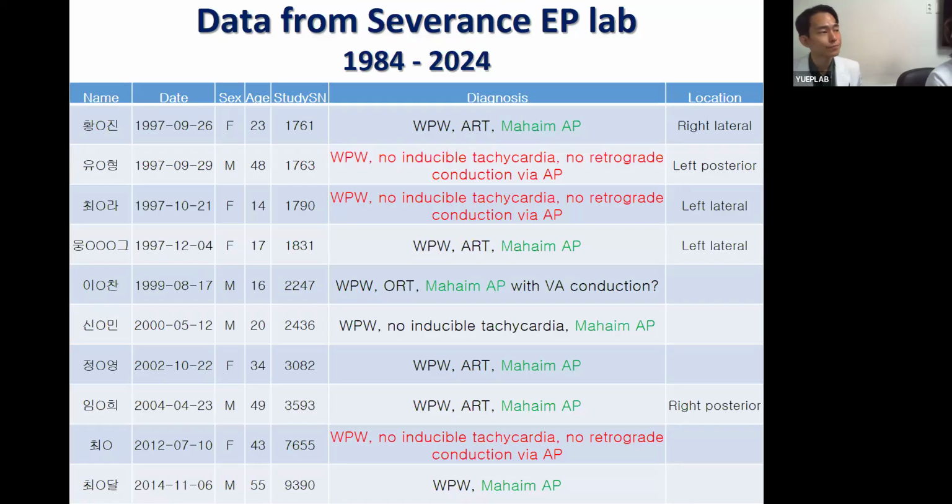So I'll give you homework today, including the junior staff. Please look for how to do the differential diagnosis between atrioventricular and nodoventricular. Okay, just two. No, three, that's it. Nodofascicular, nodoventricular, atrioventricular. No, there's not too many.